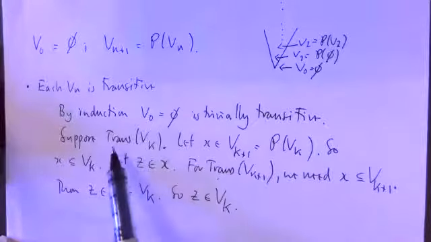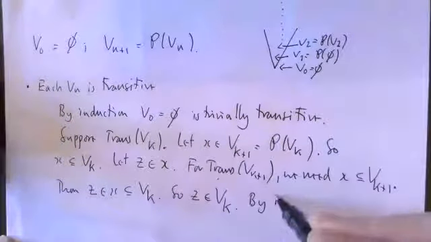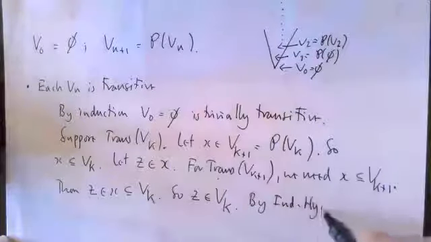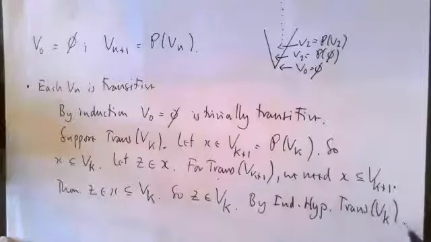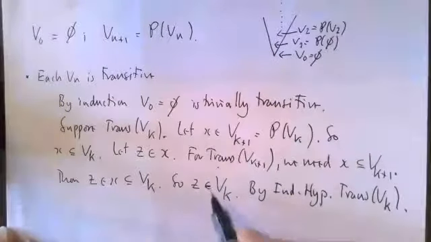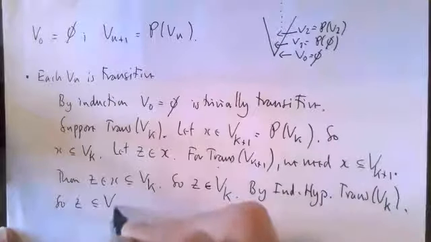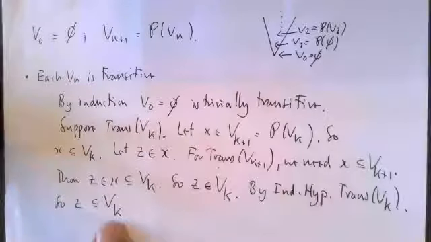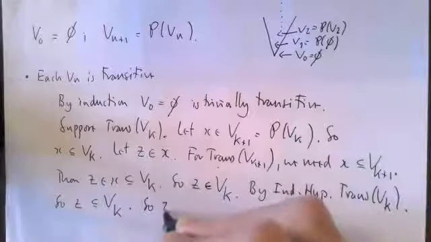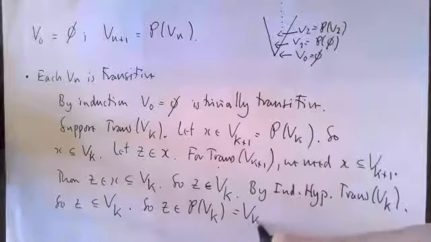But by the inductive hypothesis, Vk is transitive. So elements of Vk are subsets. But if it's a subset of Vk, it's an element of the power set of Vk. And this is just what V(k+1) is.